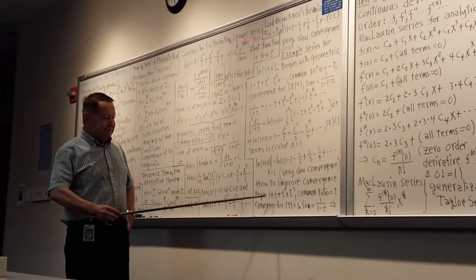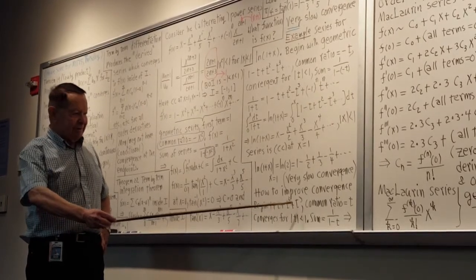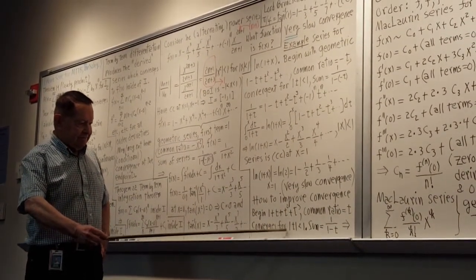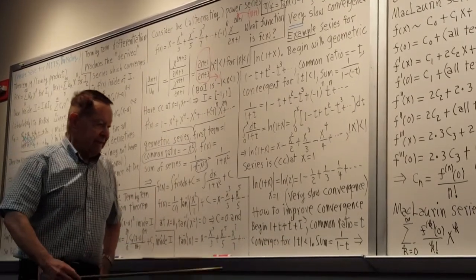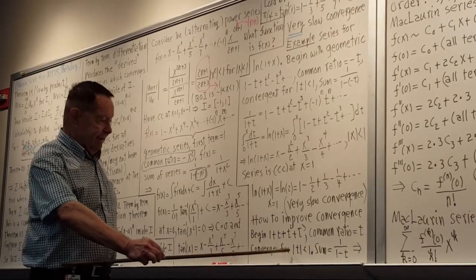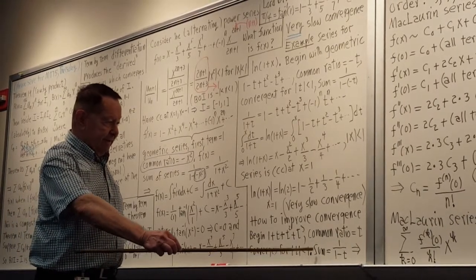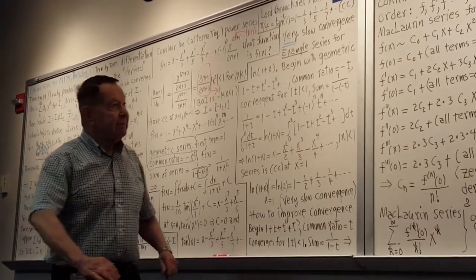Okay, so begin with a geometric series with common ratio t. And again, it'll converge for the absolute value of t less than 1, and the sum will be 1 over 1 minus t.